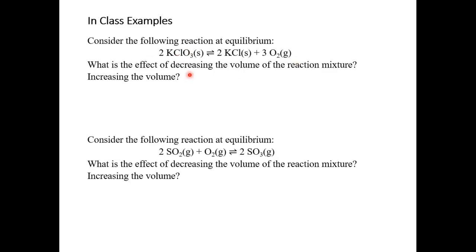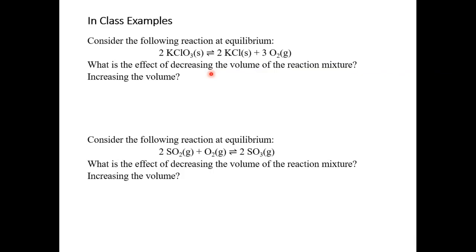All right, here's a reaction. What if I decrease the volume of the mixture, the container? If I decrease the volume, pressure increases. Equilibrium will shift to the side with fewer moles of gas. My right side, my product side, has 3 moles of gas, yes? My reactant side has no gas.